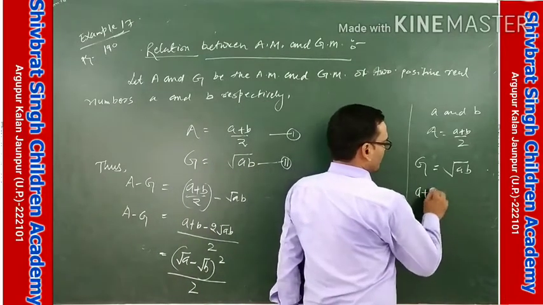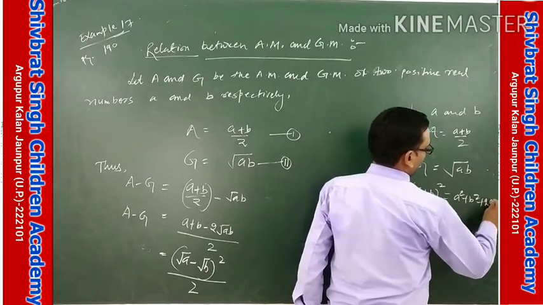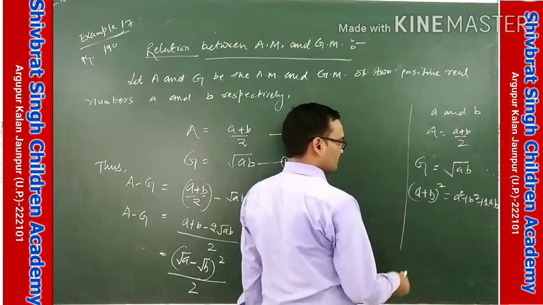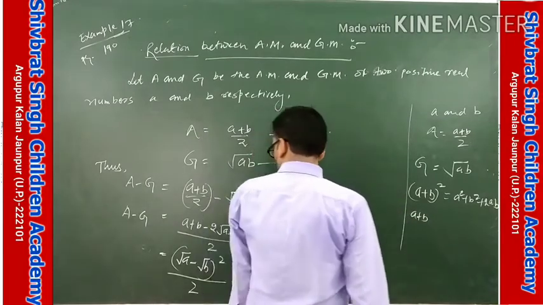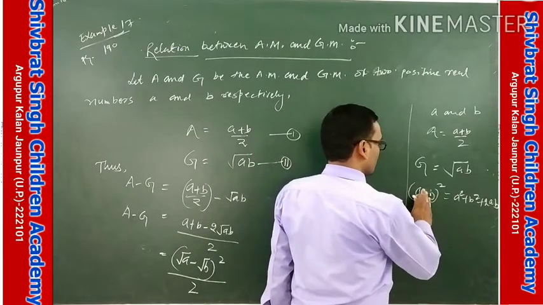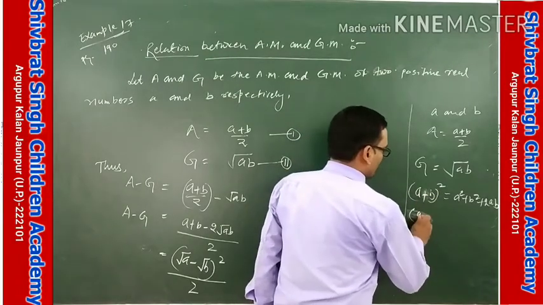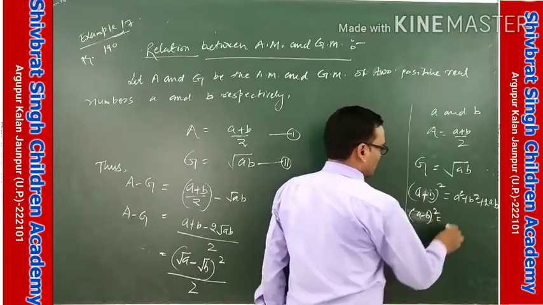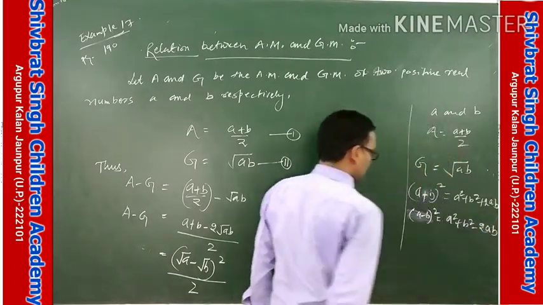(a plus b) whole square equals a square plus b square plus 2ab. Similarly, (a minus b) whole square equals a square plus b square minus 2ab.